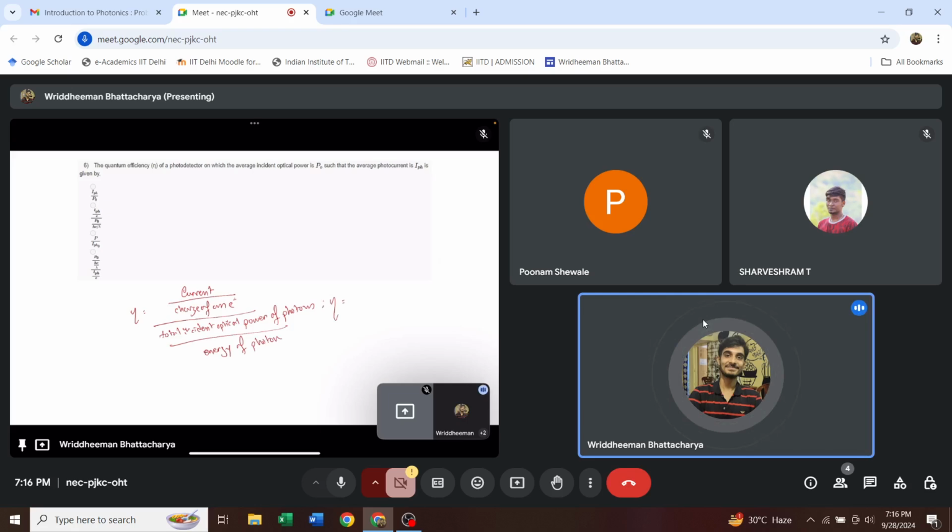So this will be I_ph by e, over P naught by hc by lambda, right? So it becomes P naught into hc by lambda into 1 by e. Okay, they have not simplified. So according to this, option B will be the correct one, right?